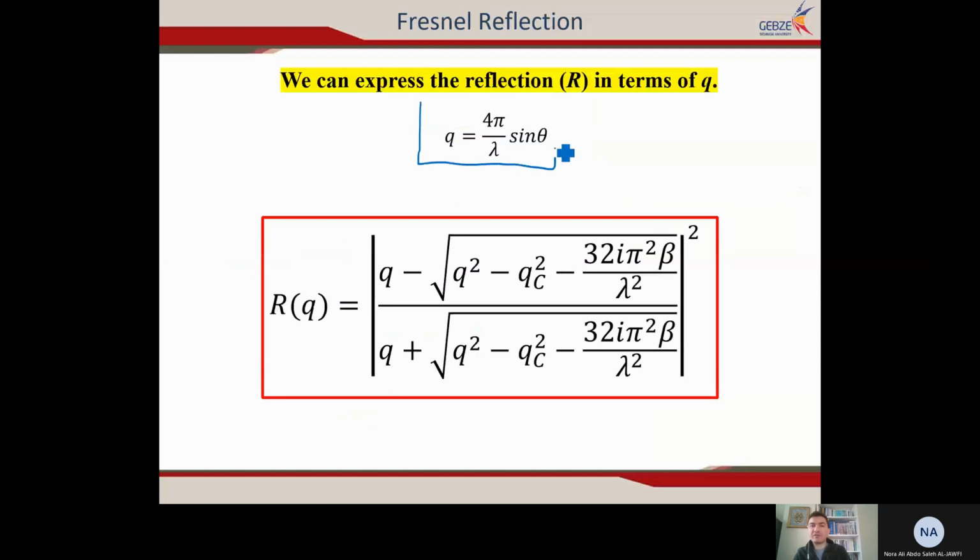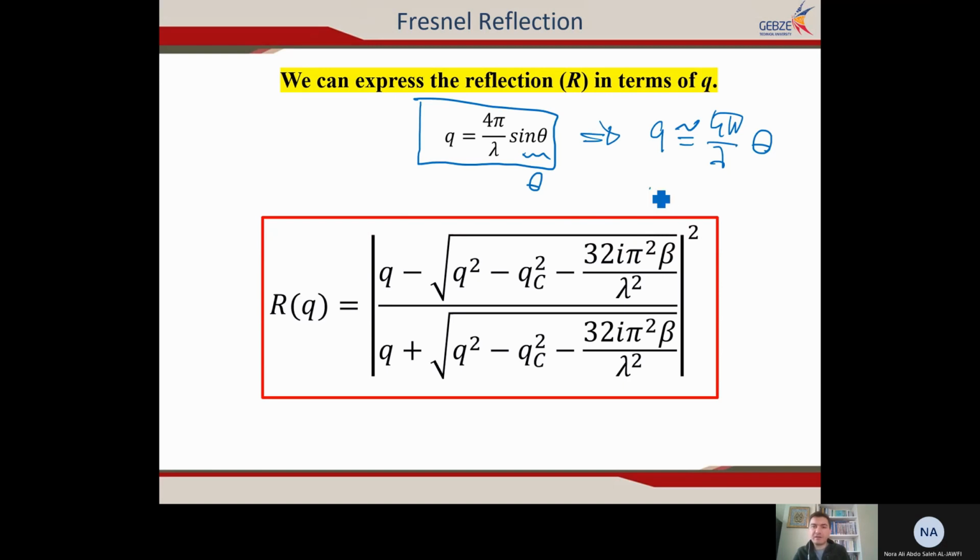I can also express this reflection in terms of Q instead of theta. In the previous lectures, we have learned that this Q is given by 4 pi over lambda sine theta, okay? And for very small theta angles, this equation can be written in this form, because sine theta is equal to theta for very small angles.